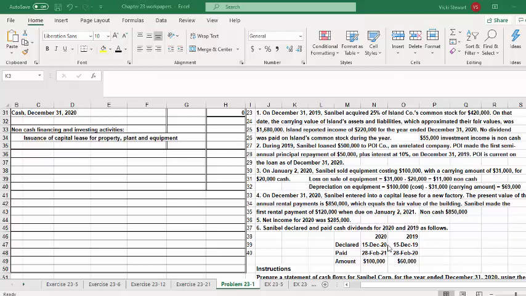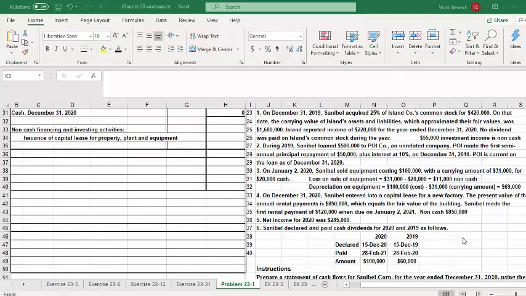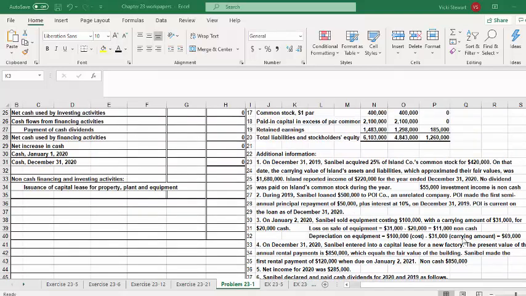The 2020 dividends that were declared this year, $100,000, will not be paid until 2021. And the instructions are telling us to prepare a statement of cash flows for Sanibel Corporation for the year ended December 31st, 2020. So it's important that you note which dividends you're going to be subtracting based on the ones that were actually paid this year.